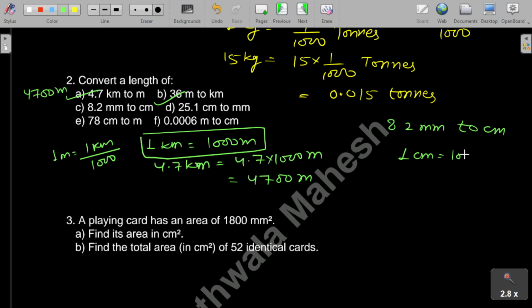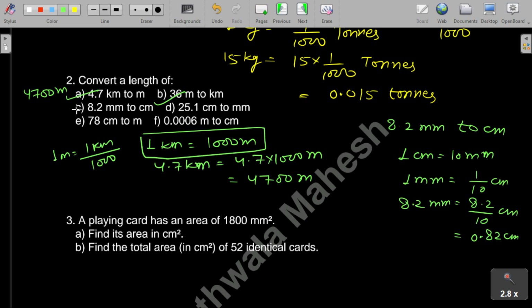So 1 millimeter equal to 1 upon 10 centimeter. So 8.2 millimeter equal to 8.2 upon 10 centimeter, 0.82 centimeter.